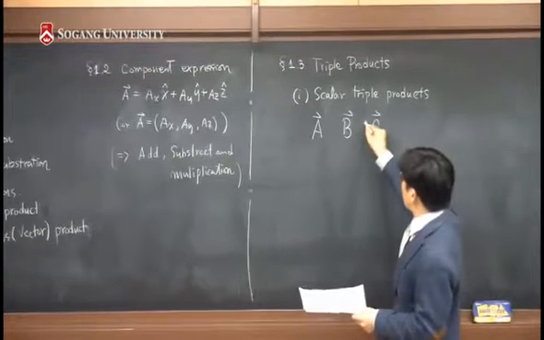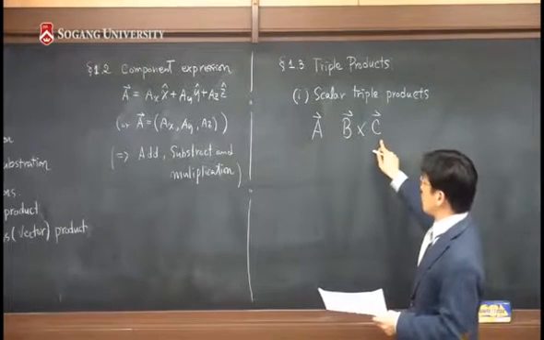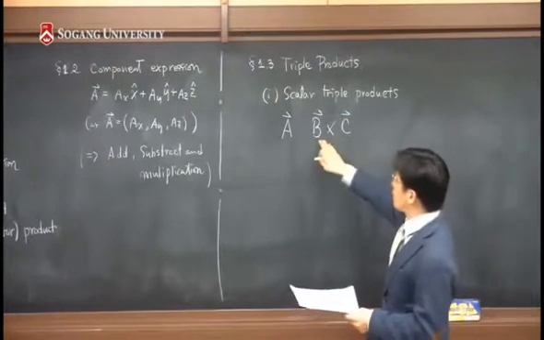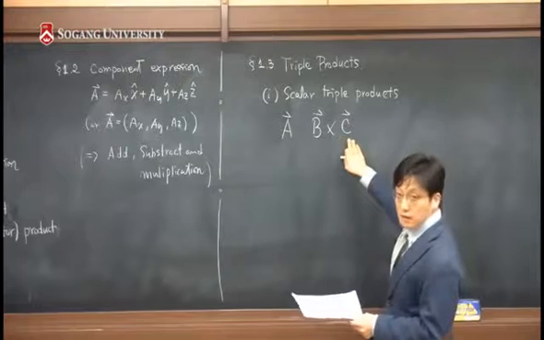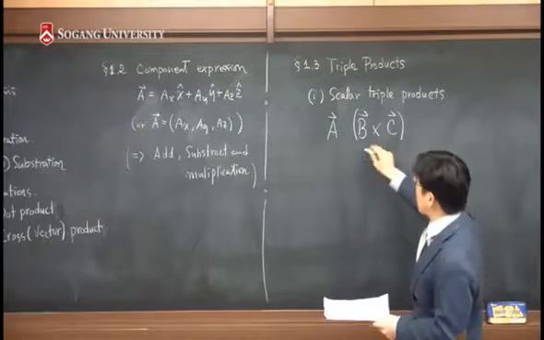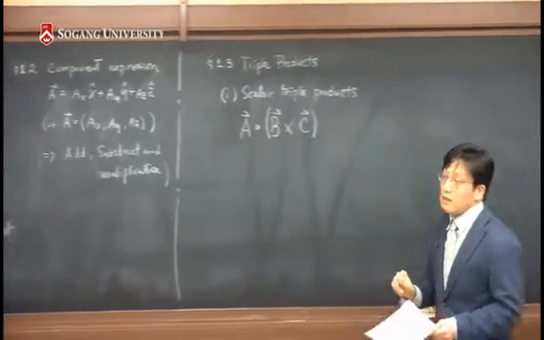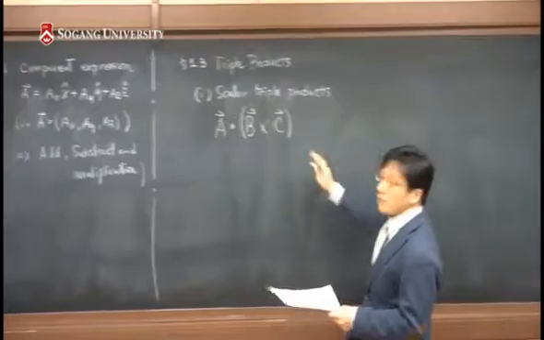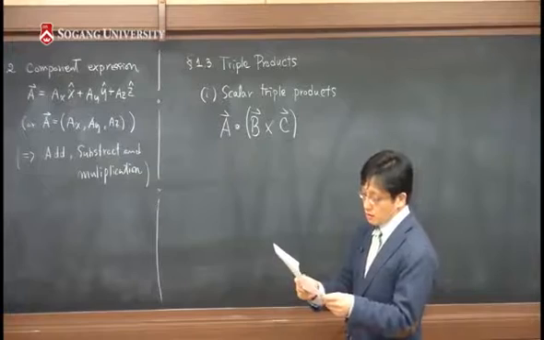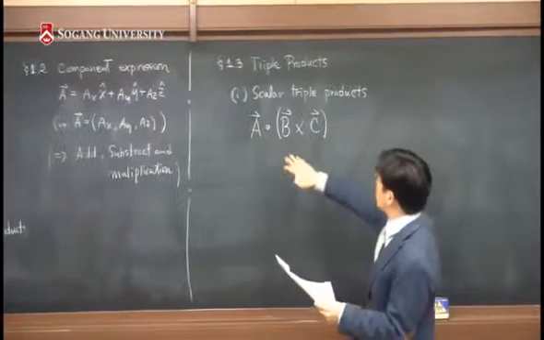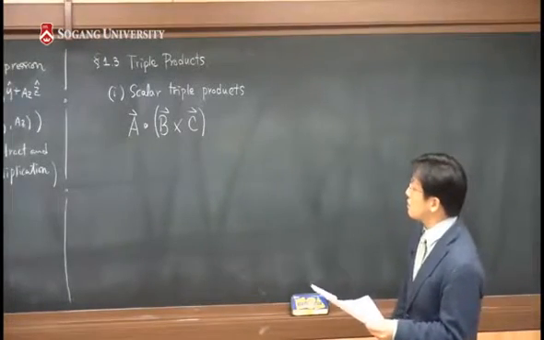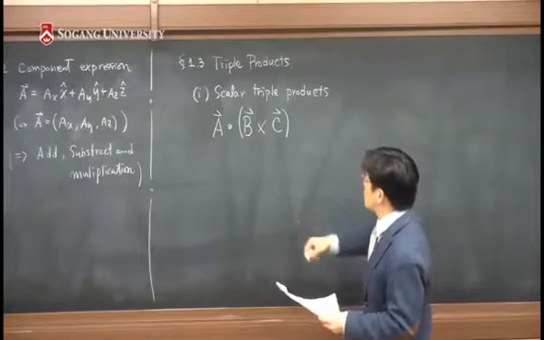To have that, we multiply the last two vectors using the cross product, and the resulting property of the cross product will be a vector. Then if you multiply vector and vector using the dot product, the resulting outcome will be a scalar value, which does not have a directional component. How we evaluate this, and what the property of this kind of object is, is the subject I will briefly discuss.